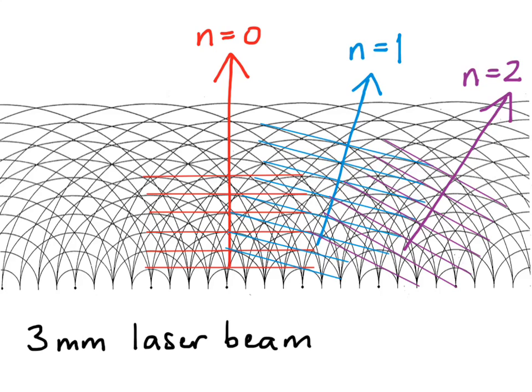Now we have a 3 mm laser beam. It's not very big, but on this scale, if I have an 80 line per millimetre diffraction grating, that means the light from the laser will be going through about 200 slits, and if I've got a 300 line per millimetre grating, it'll be going through about 1,000 slits.